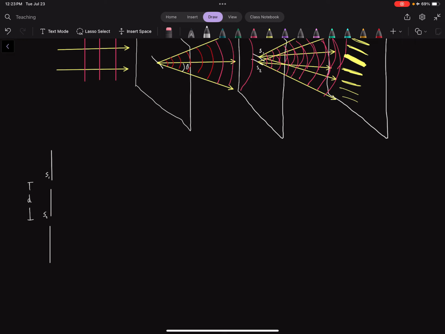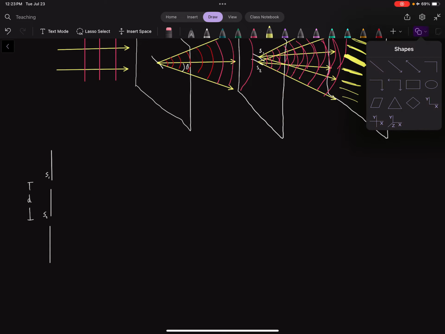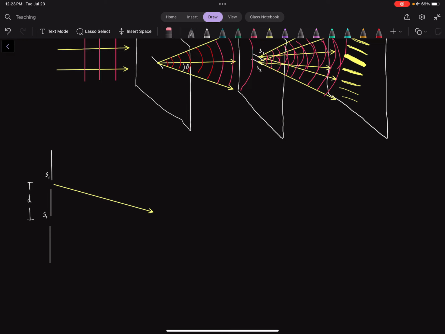And if we kind of borrow from geometric optics and treat these things as rays, we have a ray coming out like this to arrive at a given point that we analyze on the back screen, and this is just an arbitrary point that I've picked here.